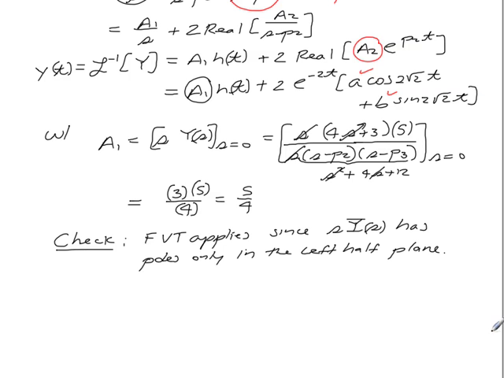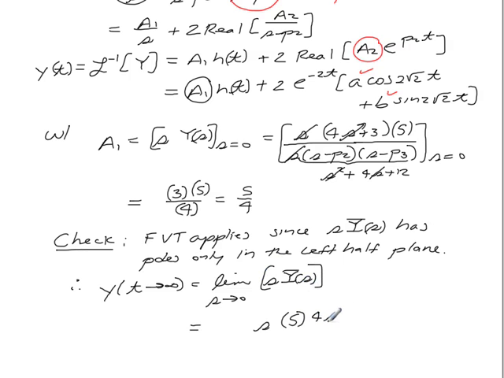So I can do that. We know the final value theorem says that the final value, the value of y as time goes to infinity, is the limit as s goes to 0 of s times y of s. And so again, y of s was equal to 5 times 4s plus 3, all divided by s squared plus 4s plus 12.